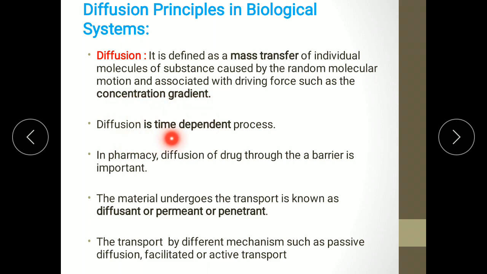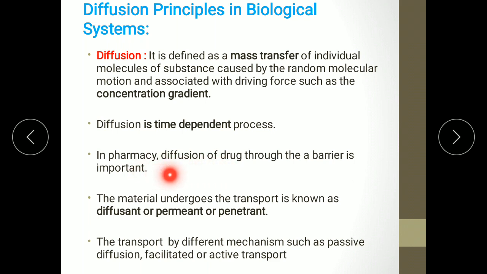Now diffusion is a time dependent process. In pharmacy, diffusion of a drug through a barrier is important. Now barrier means skin or GIT, mucosa of GIT or nasal mucosa, all different mucosa we can say as a barrier through which a drug diffuses to show its action.